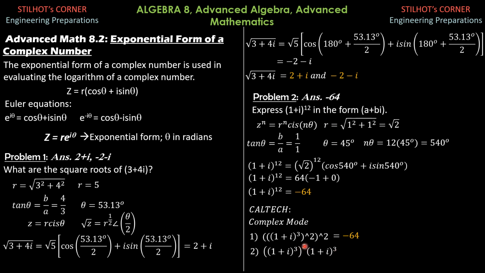So we use this maximum power that your calculator is capable of. Beyond that, your calculator can no longer evaluate operations with complex numbers. So up to 3 only. And this will give us the same answer of negative 64, which verifies that the answers are the same.